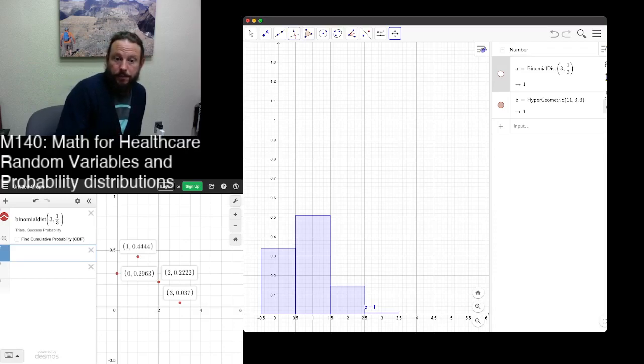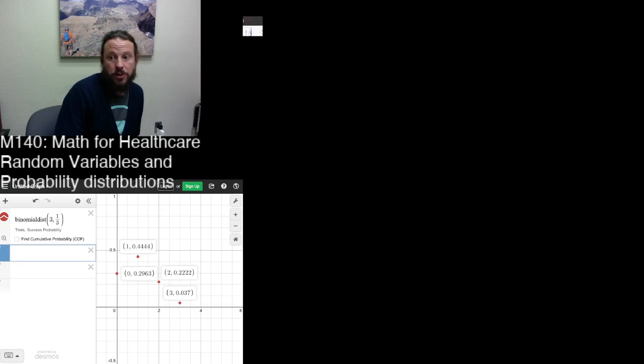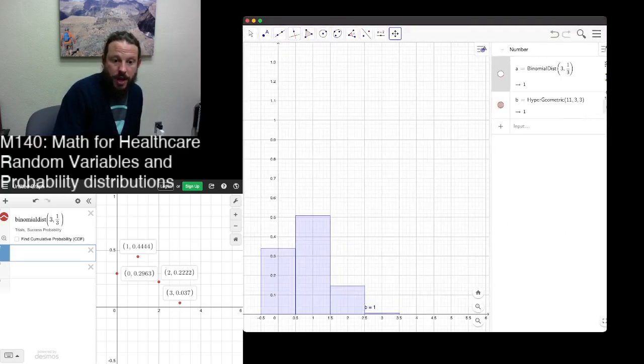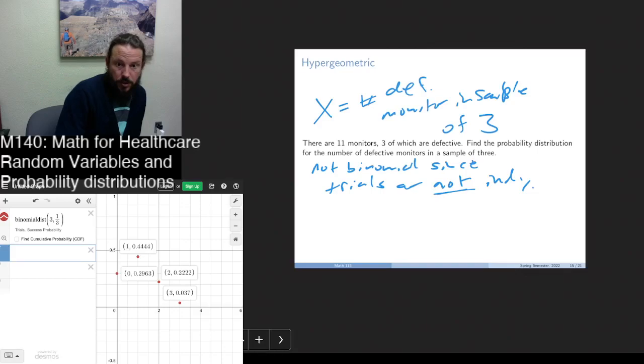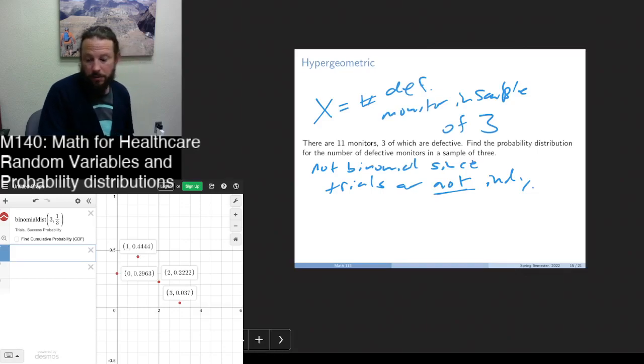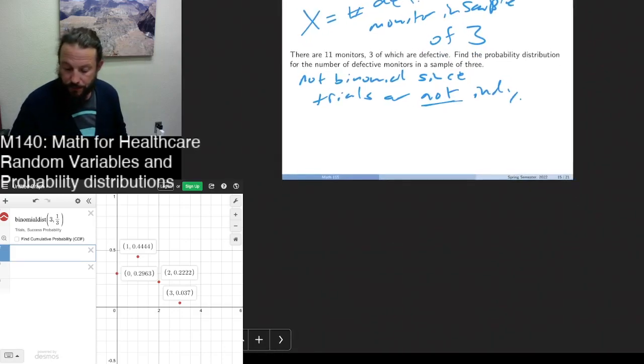Now, how would we find it? Remember, we've done these problems in counting. Desmos does not have a hypergeometric distribution in it. All right? So we kind of have to do this by hand.